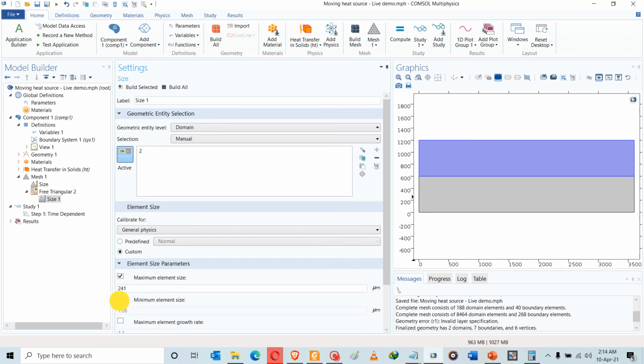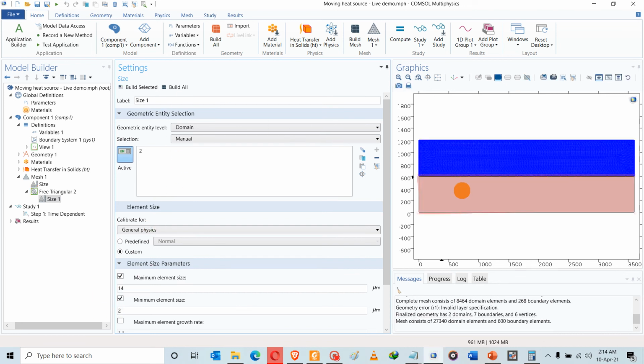So 14 and 2. If you build that mesh, see that it's very fine up there, which is what we want.